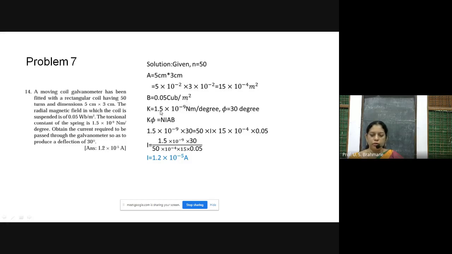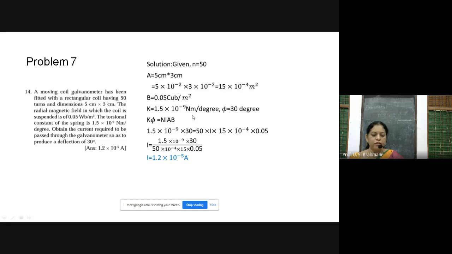So we saw in the torque on the loop, or in the moving coil galvanometer, how the restoring torque is equated with the deflecting torque, and that equation we have written here. What more is given? The deflection theta, phi, is given as 30 degrees.